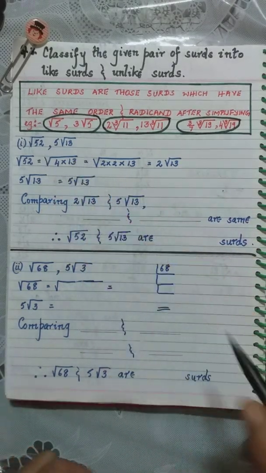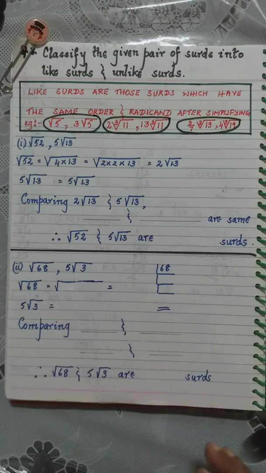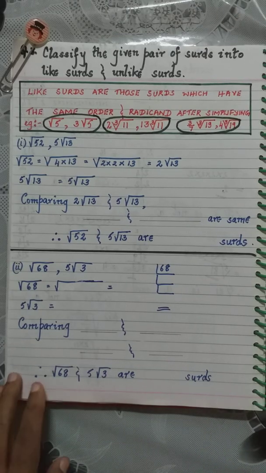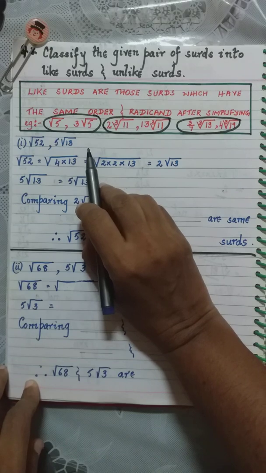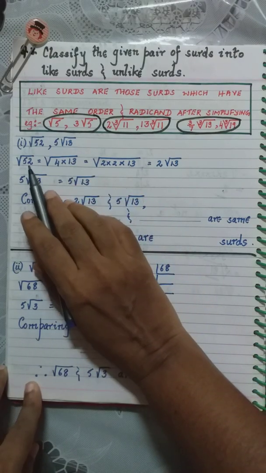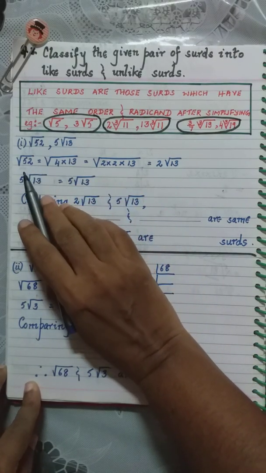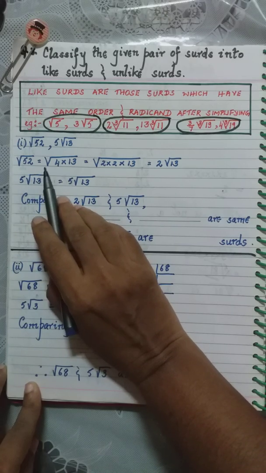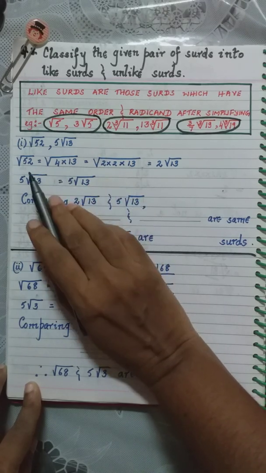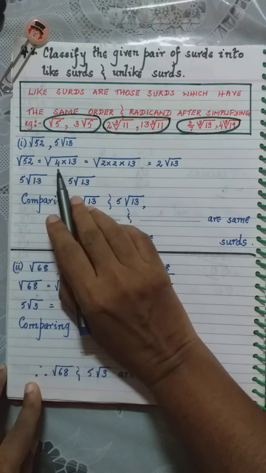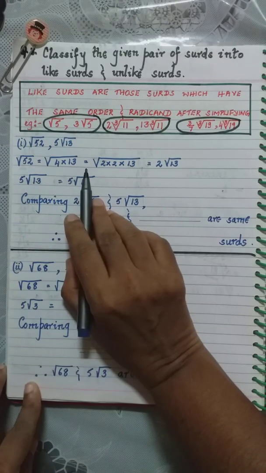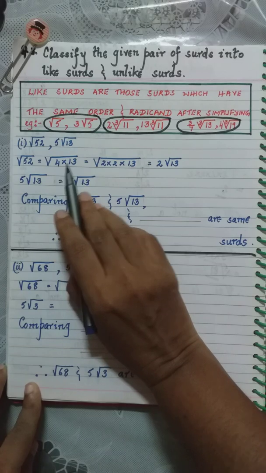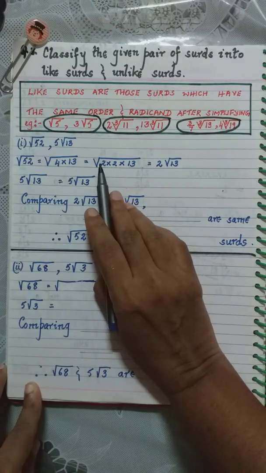The first question given to us is root 52 and 5 root 13. Now if you see here, root 52, I can simplify further. How can I write it? I can write it as root of, I know 52 is 4 into 13, and 4 is nothing but 2 into 2.